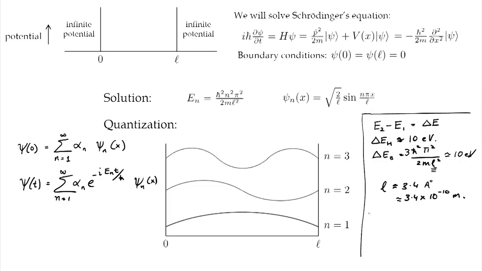What we know is the diameter of the hydrogen atom is about 1 angstrom. So basically, this very simple back-of-the-envelope calculation gives us an estimate for the diameter of the hydrogen atom which is within a factor of 3 or 4 of the true value. Okay.